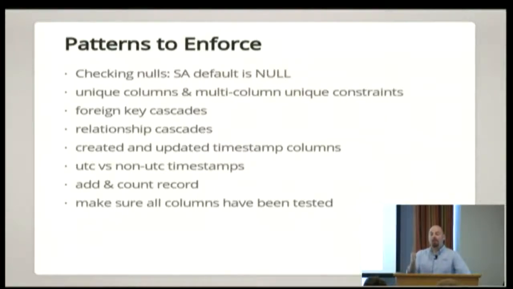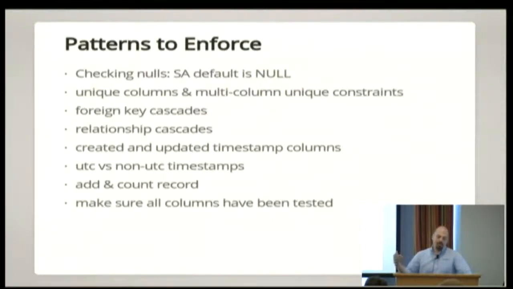But that stuff is really easy to miss when you're in the throes of things, trying to get your tests going. And so by default, we can test some of these things on our entities, making sure that we're following best practices as developers. Some other things we test: we make sure we have timestamp columns, and that if we have timestamp columns, they're UTC. So we go through whatever you're using for default or on update and make sure that it's not the .now method, that it's a .utcnow or something like it.